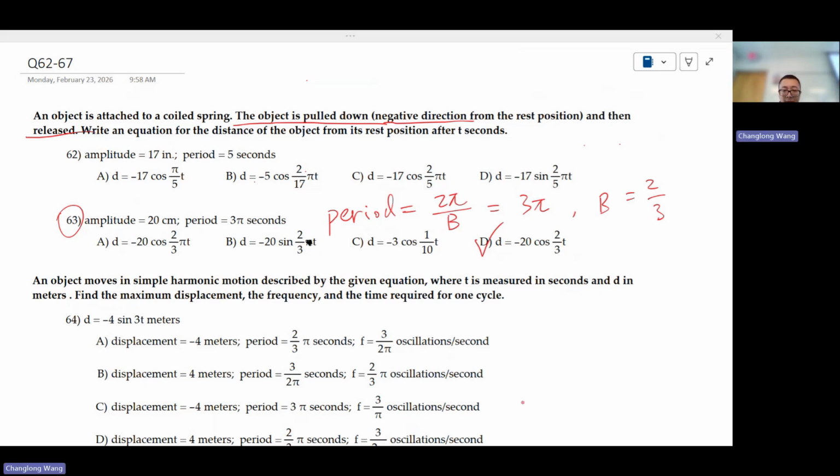So now let me show you the animation here. It could be sine or cosine because it's just changing, right? So now this is the object they're talking about. They're moving up and down above or sometimes below the rest position.